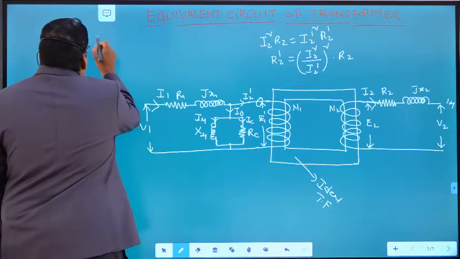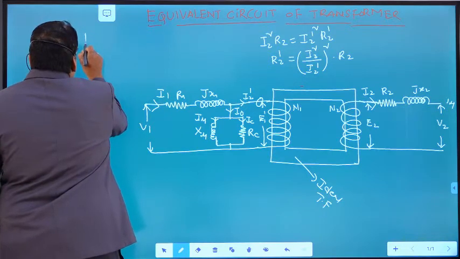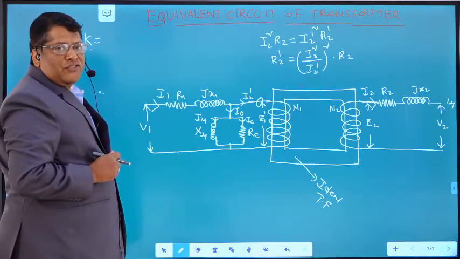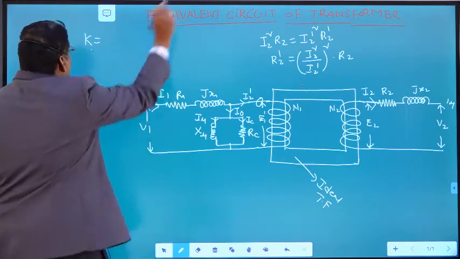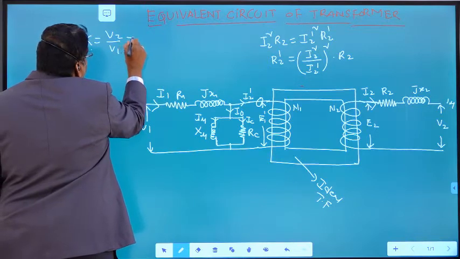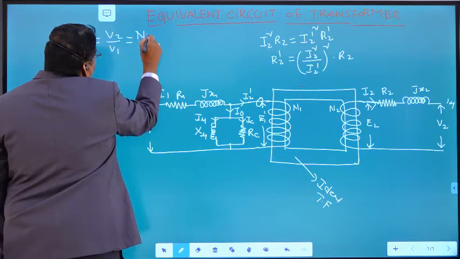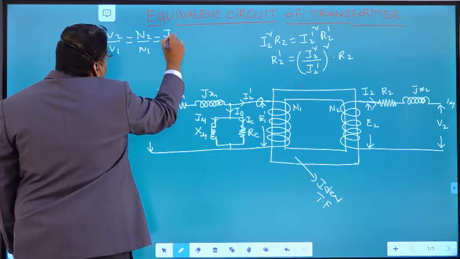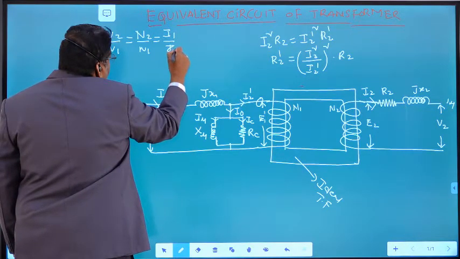The transformer ratio K is equal to V2 by V1, equal to N2 by N1, and this is equal to I1 by I2.